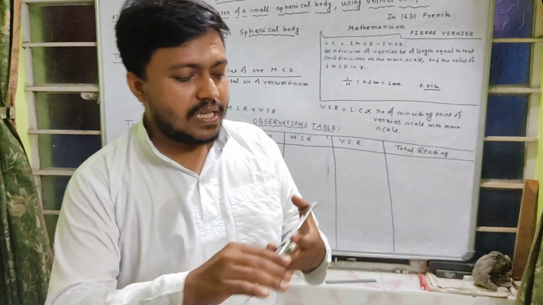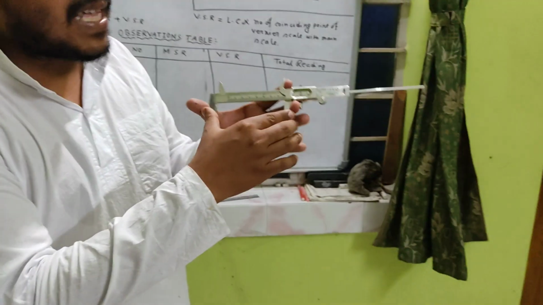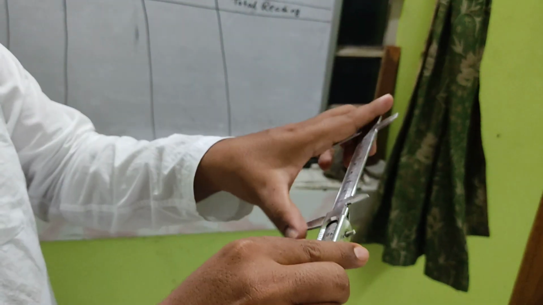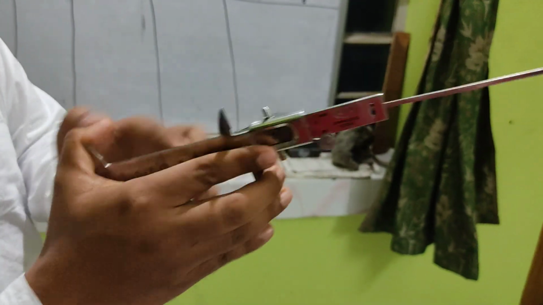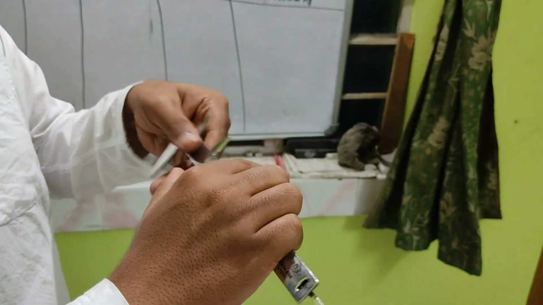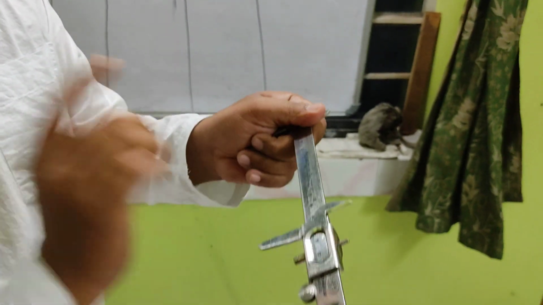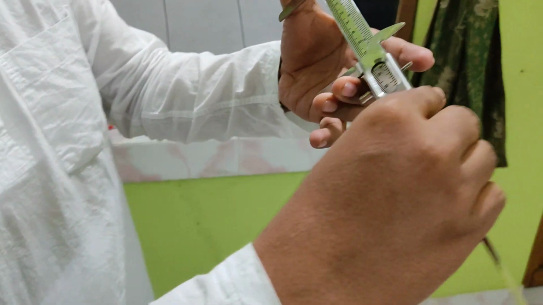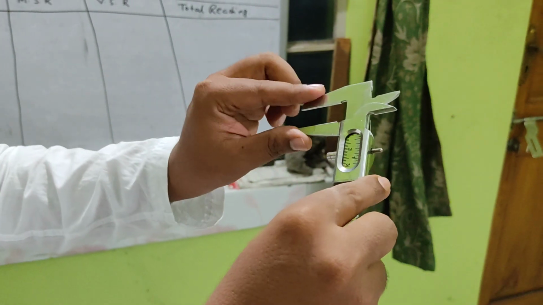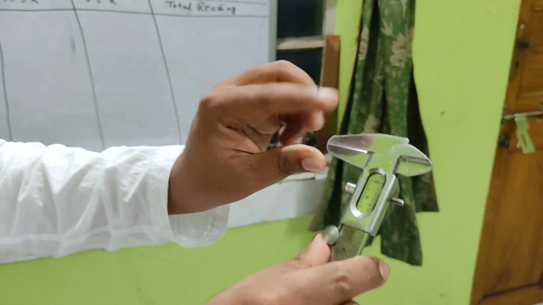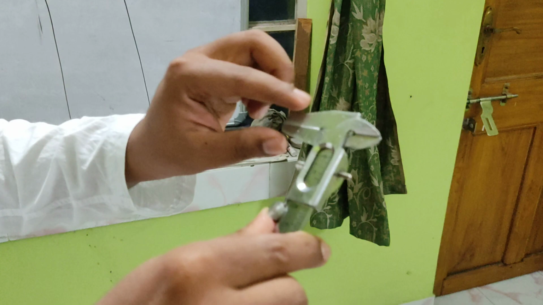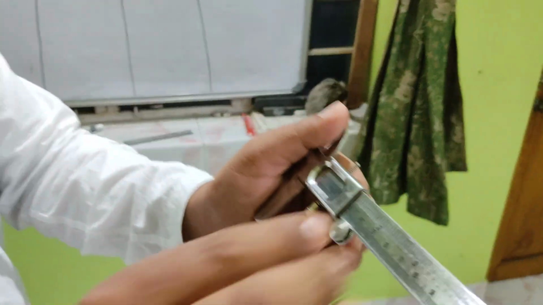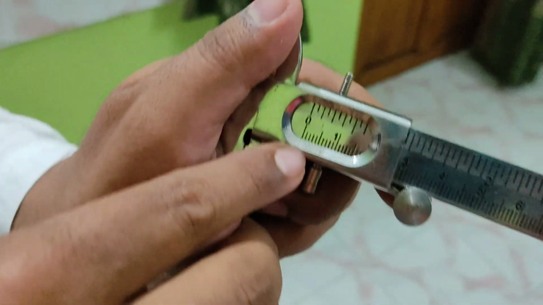So now students, these are the two jaws: this is the outside jaws, and this is the inside jaws. This vernier scale is movable, and the main scale is fixed. Now, when the two jaws are brought to touch together, inside jaws and outside jaws both touching, look at the lower portion.